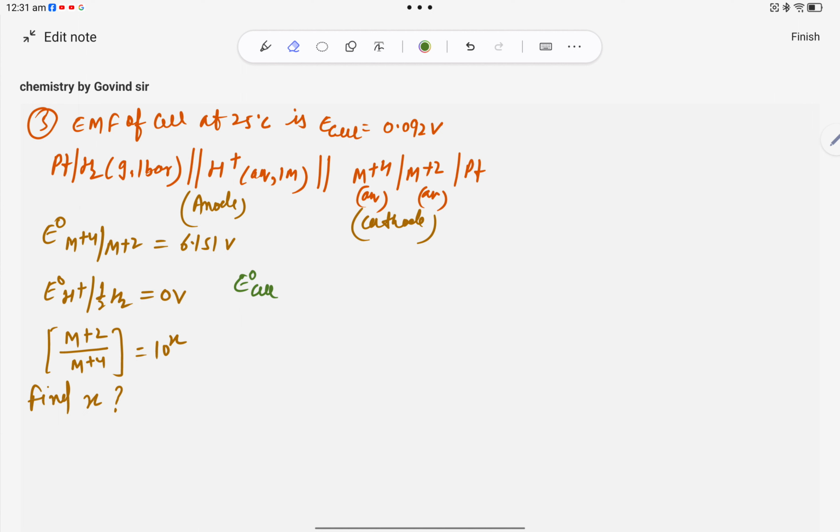So E naught of cell is E of cathode minus E of anode. So cathode hydrogen, and what value is given?